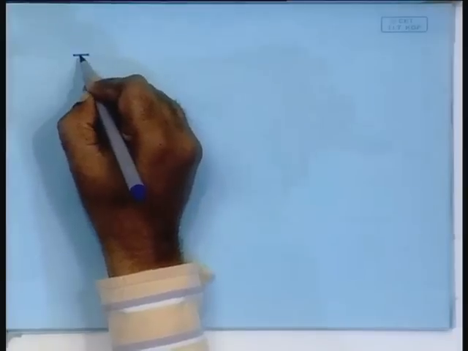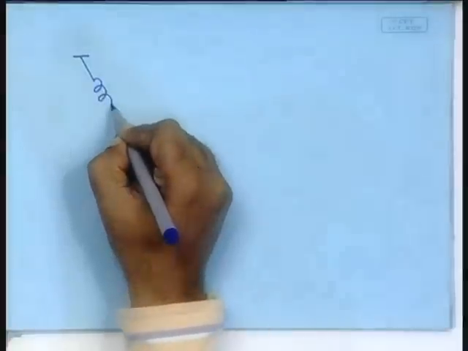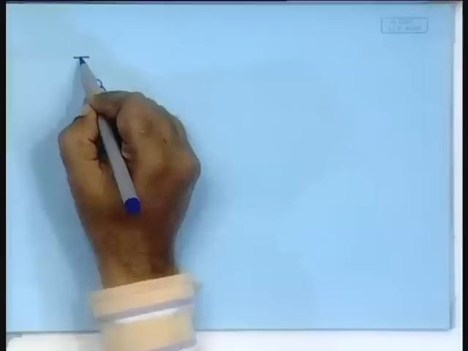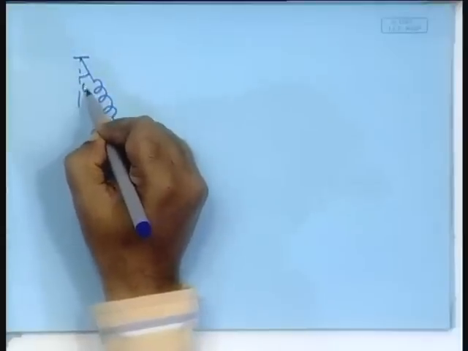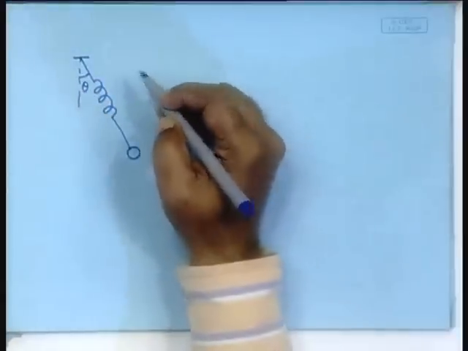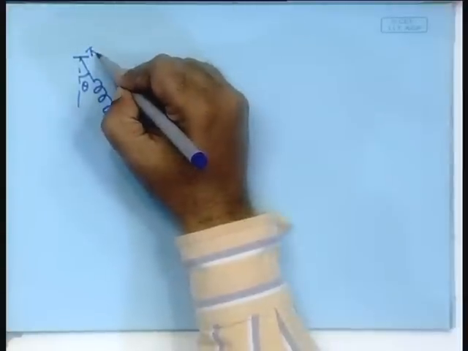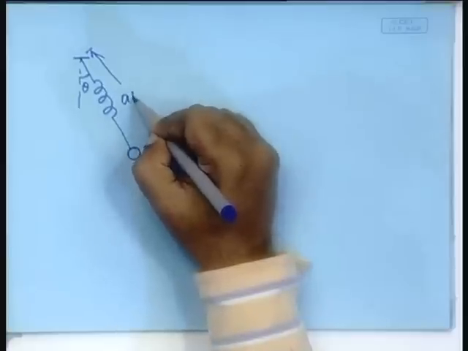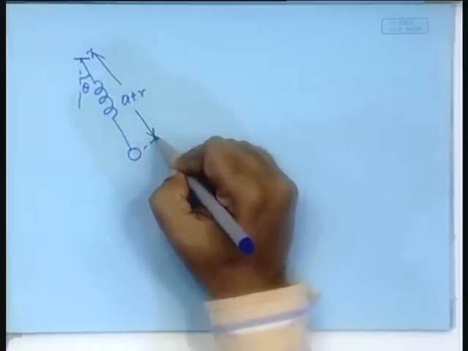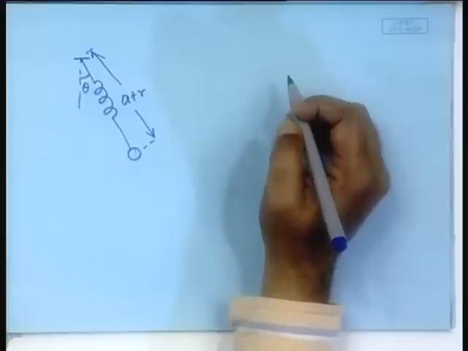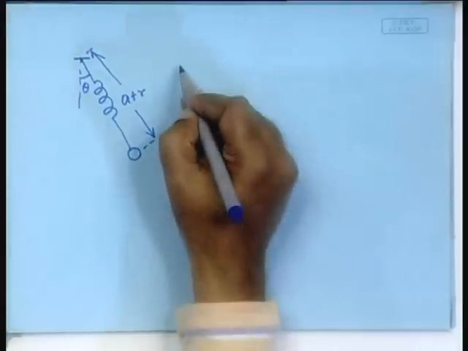The spring pendulum system was, and we had defined a plus r, where a was a constant and r is a variable, and in its terms we had already written the Lagrangian as this.